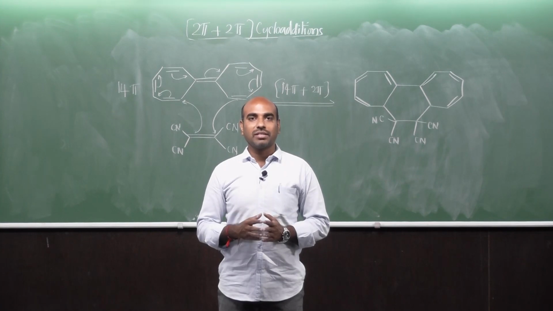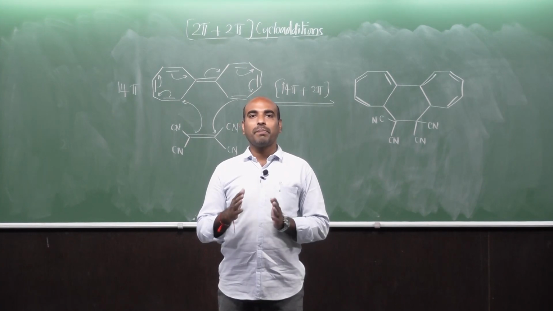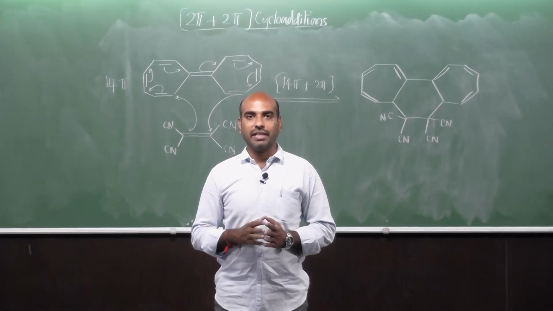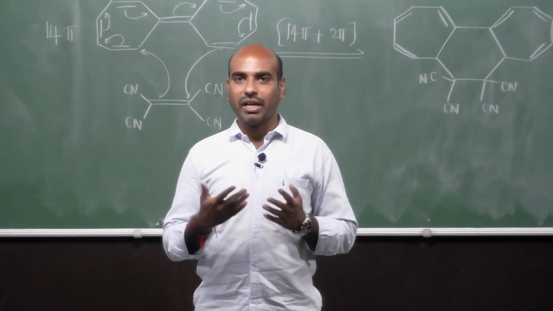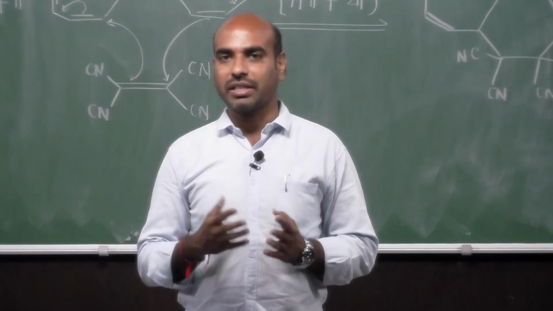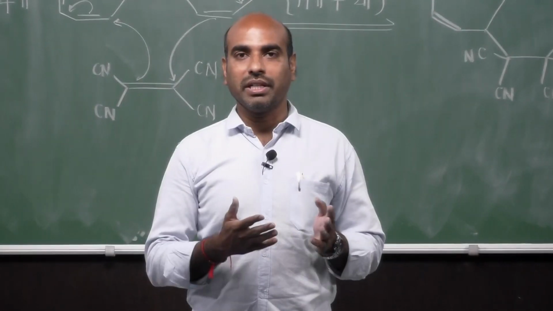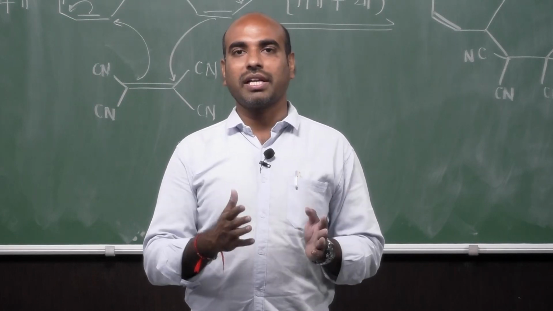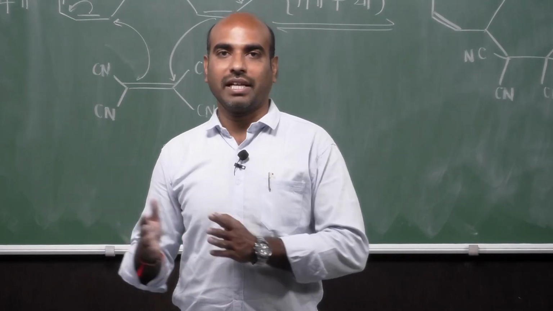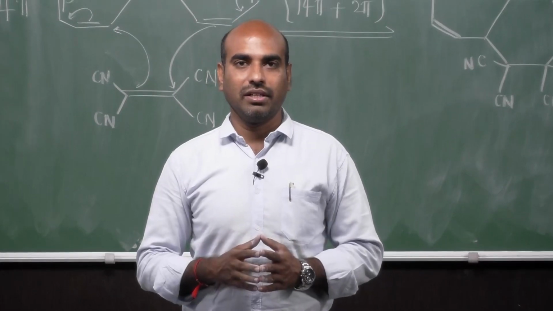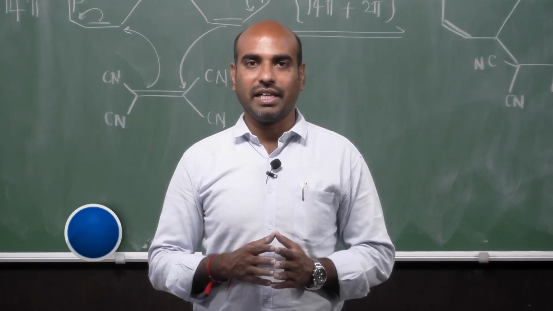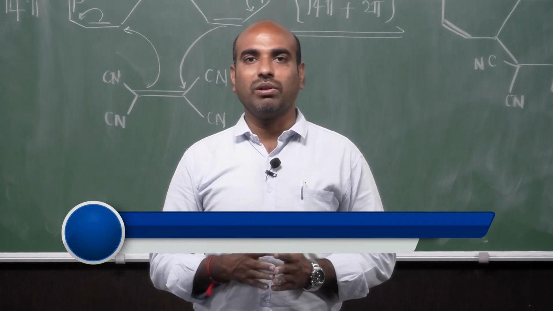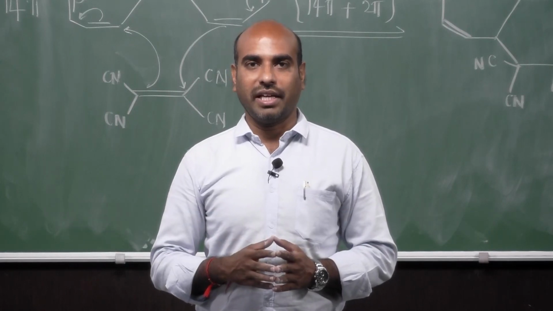So, in the next class, we will see 4π plus 2π cycloaddition reactions, the most important one, right. We have already practiced such reactions, which we know by the name of Diels-Alder reaction, but what we need to know is that Diels-Alder reaction is a thermally allowed pericyclic cycloaddition reaction resulting in the formation of a cyclic adduct, right. So, we will discuss the 4π plus 2π cycloaddition reactions elaborately in the next class. Thank you.